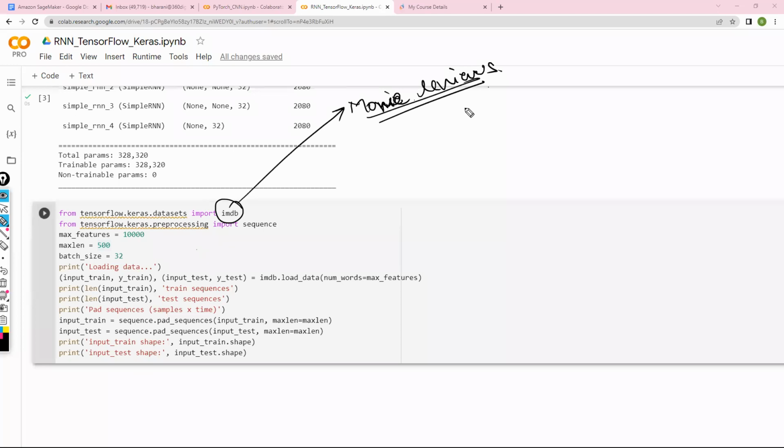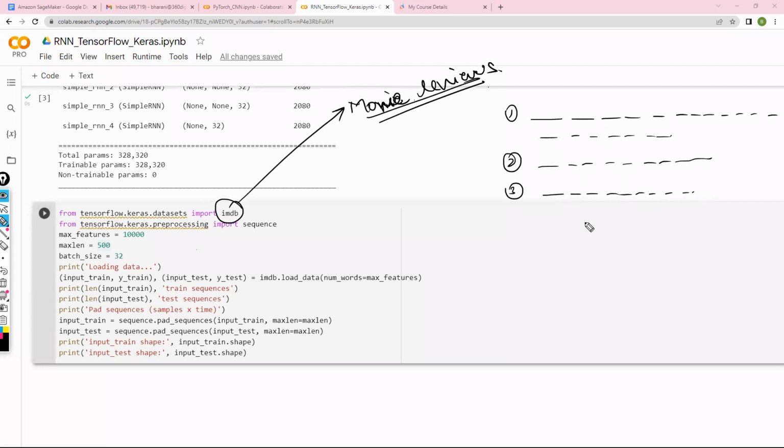Say in movie review 1, you have 500 words. In movie review 2, you have some 20 words. In movie review 3, you have some 8 words.